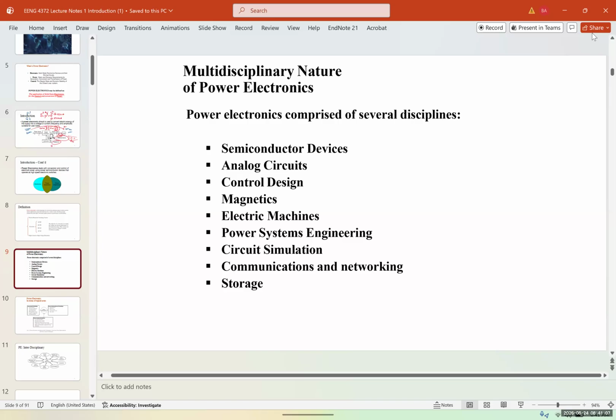Electric machines, power system engineering, circuit simulations, communication and networking, and storage. So it's a combination of multiple disciplines. And a lot of advances that you see right now in robotics, renewable energy, communication systems, EVs would not have been possible without power electronics.